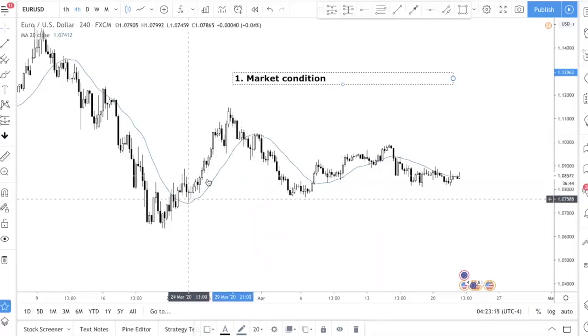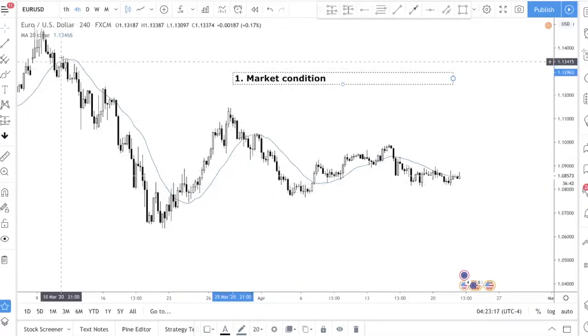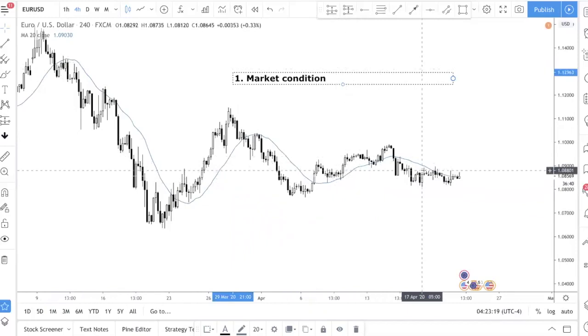It's very visual. Okay. The other thing about this moving average is also whenever you see price flirting around up and down around the moving average, it shows that the market is kind of like in a consolidation.